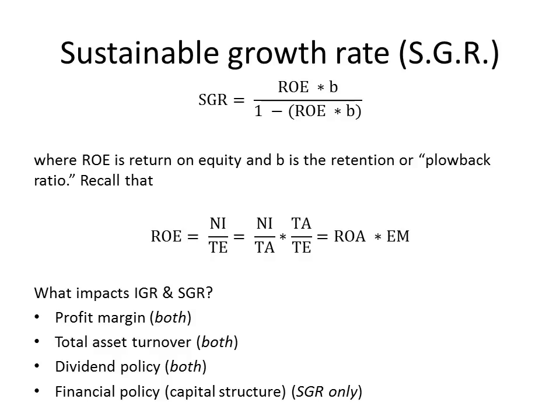But as we start paying less than 100% of our net income as dividends, addition to retained earnings increases. As addition to retained earnings increases, our plowback ratio increases. And as our plowback ratio increases, both sustainable growth rate and internal growth rate increase.